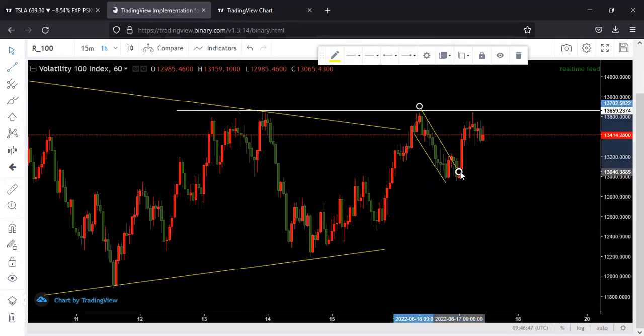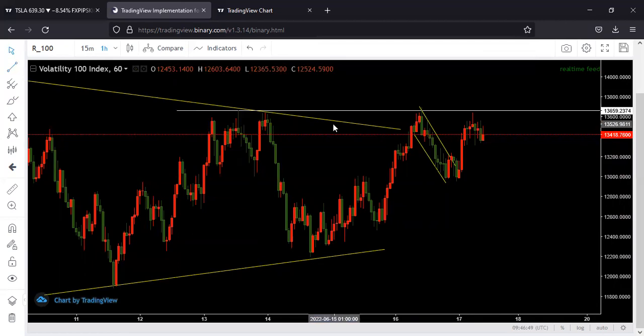So you see, within this correction, we can also have small patterns, which are the continuation patterns, either a bullish flag or a bearish flag. So these are the continuation patterns. Within this big correction pattern, we can have small continuation patterns, whether it is a bullish flag or a bearish flag.